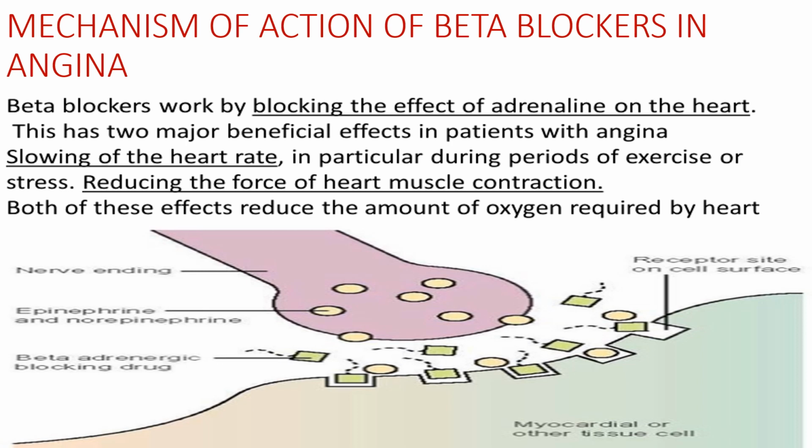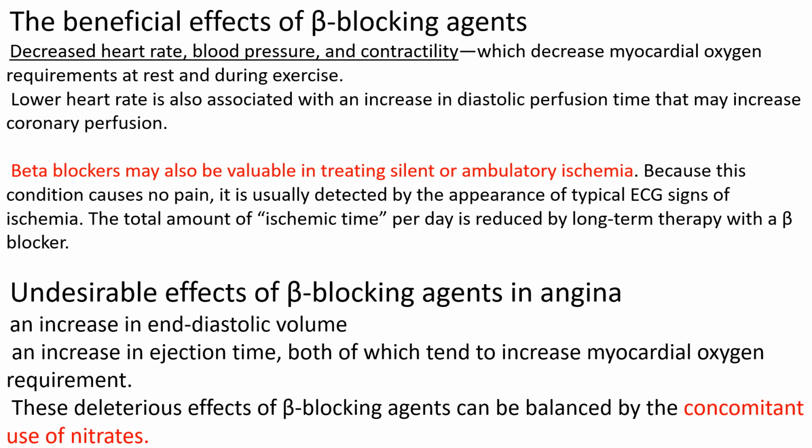We are slowing the heart rate and we are decreasing the force of heart muscle contraction, and both of these things reduce the amount of oxygen required by the heart, and by giving beta blockers we achieve this target of anti-anginal drugs. Now beta blockers have a few beneficial effects and a few non-beneficial or undesirable effects.